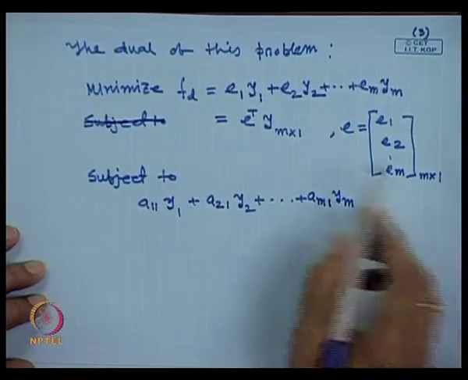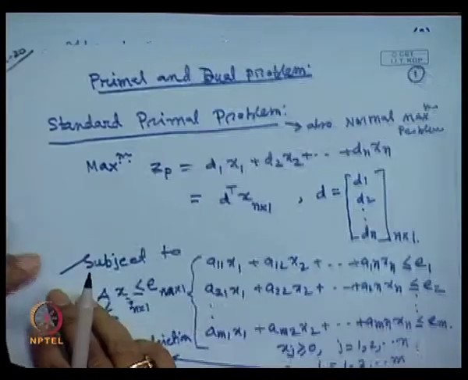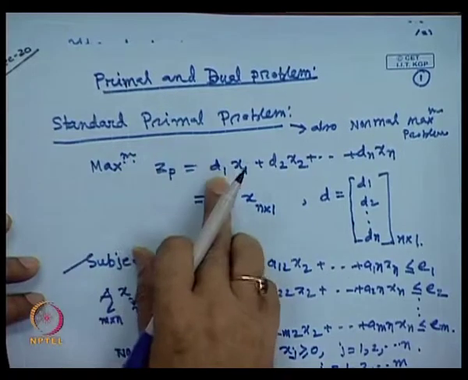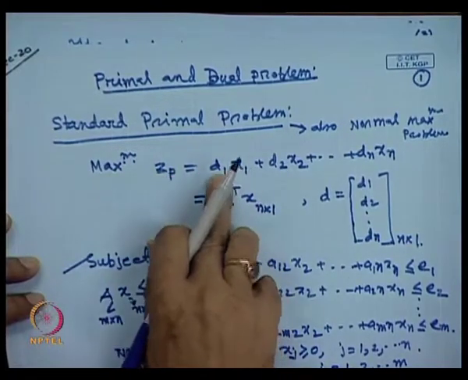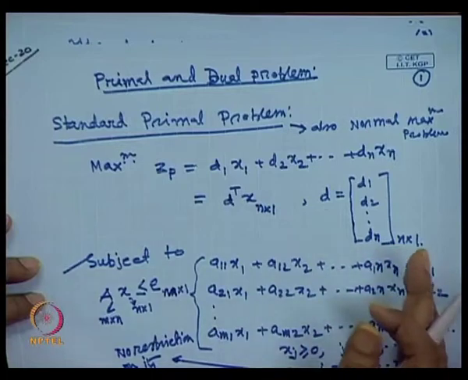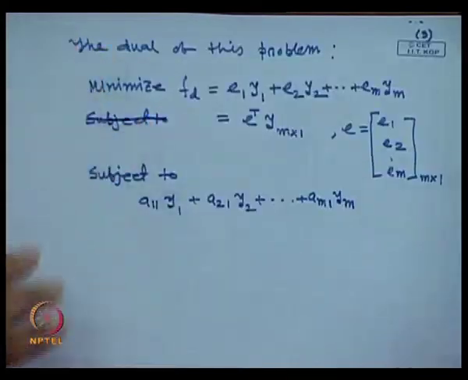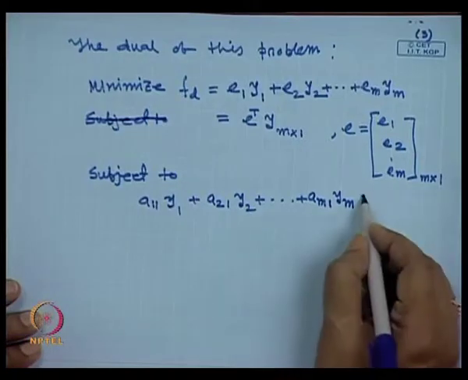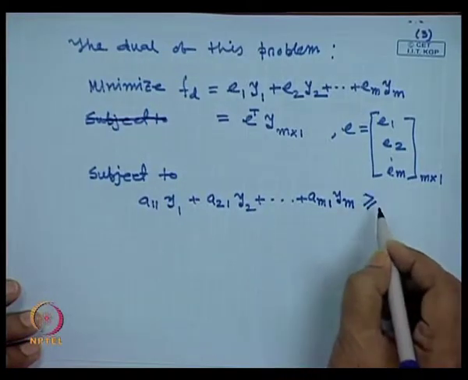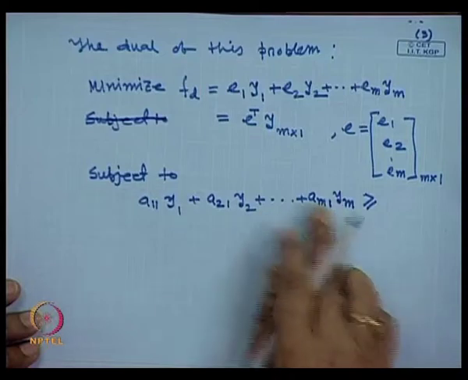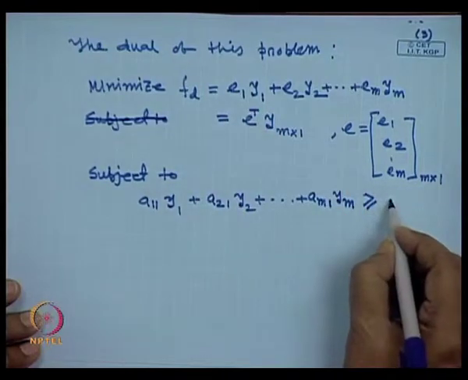Whatever coefficient was there in the objective function of the standard primal problem will come on the right hand side of the inequality constraint in the dual problem. The constraint is of the type greater than or equal to, and for the first one it will be D1.